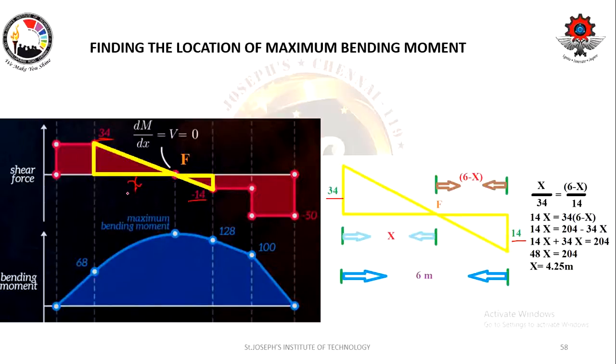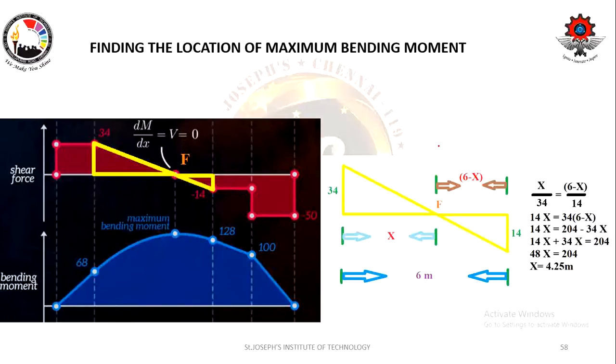If this is x, then this is going to be 6 minus x, because this entire length is 6. That is simple mathematics, right?